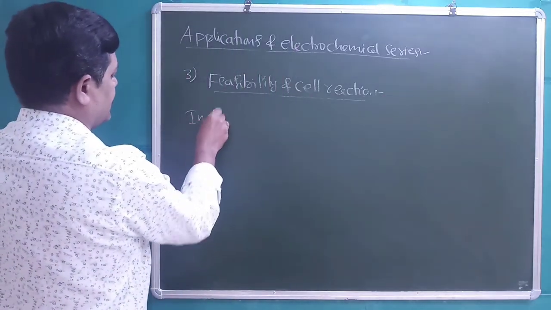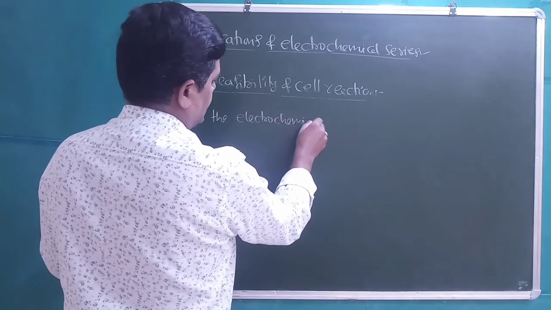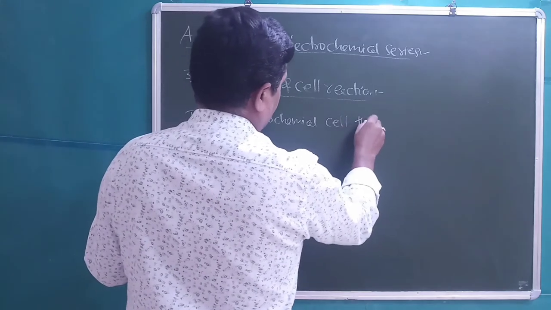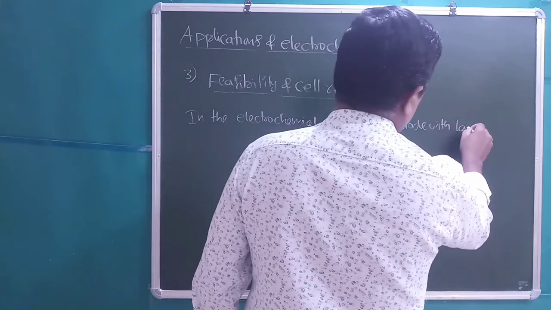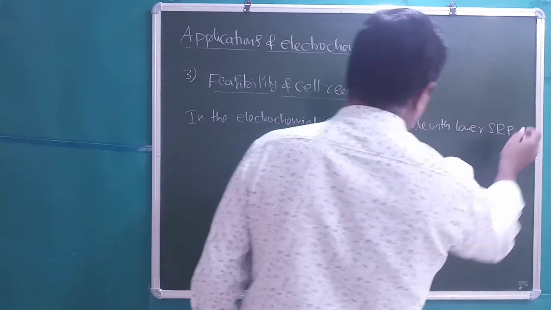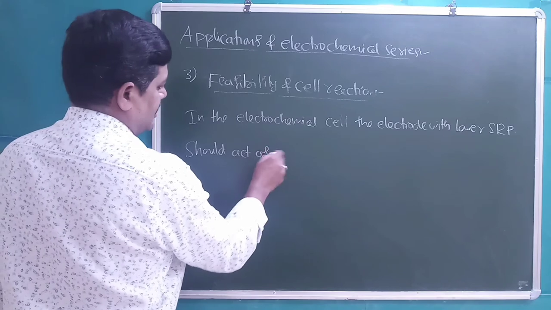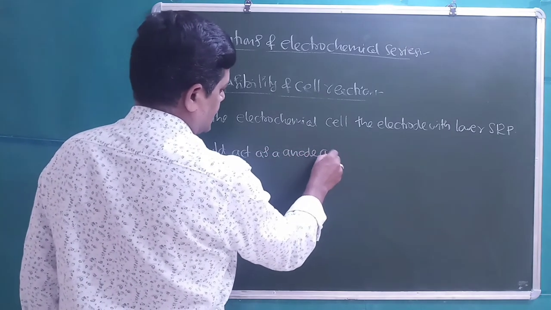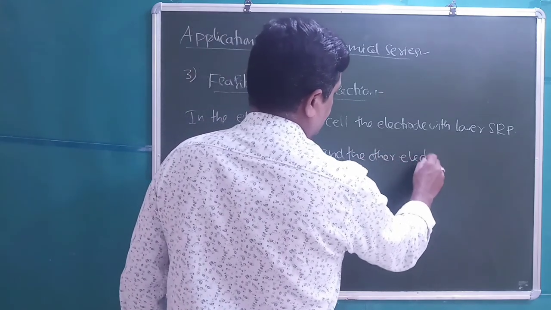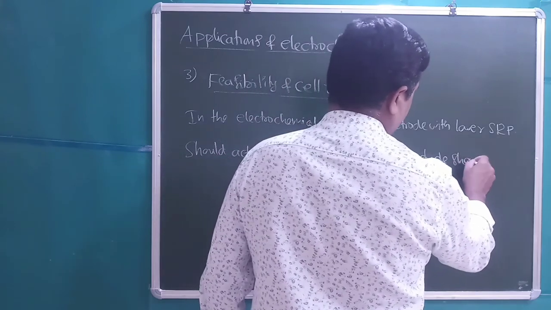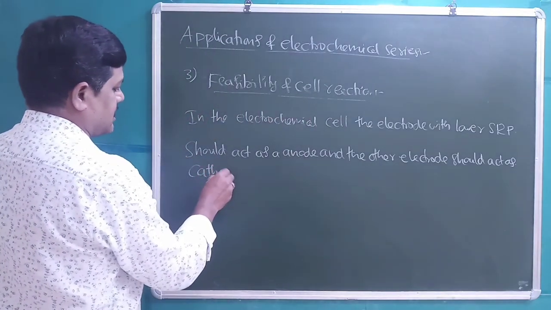In the electrochemical cell, the electrode with lower standard reduction potential should act as the anode, and the other electrode should act as the cathode. Then only the cell reaction is feasible.